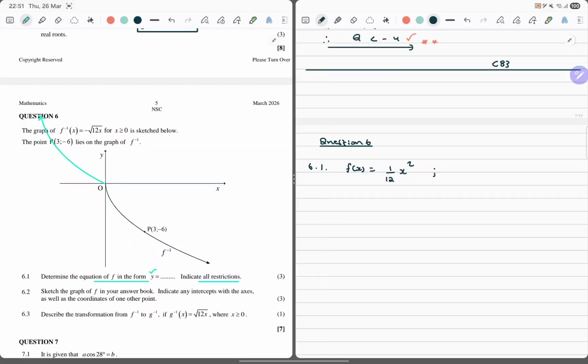So now what should the restriction be? Well, in this case, we don't have a choice but to accept that x must be less than or equal to 0 for this one.